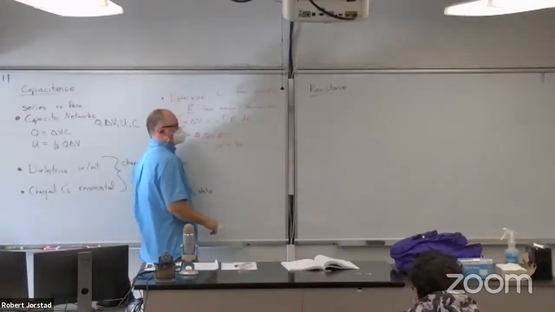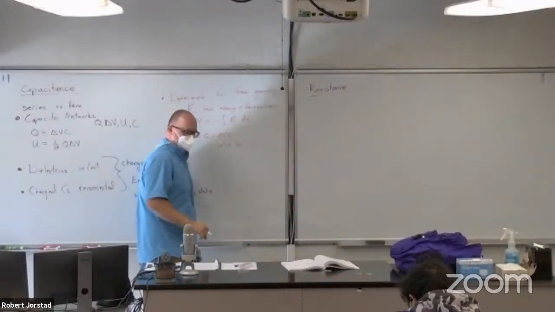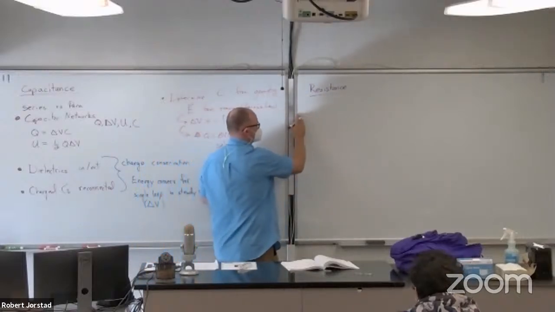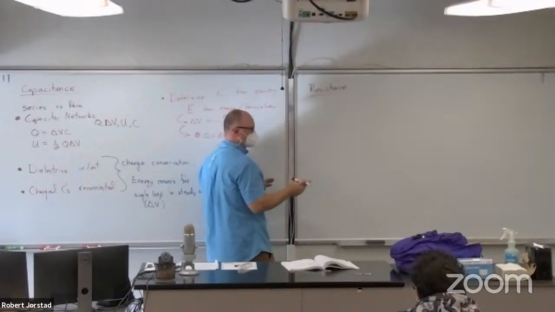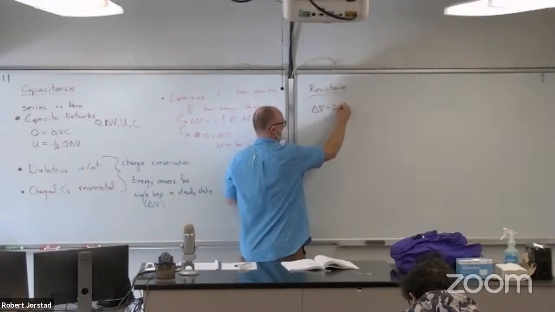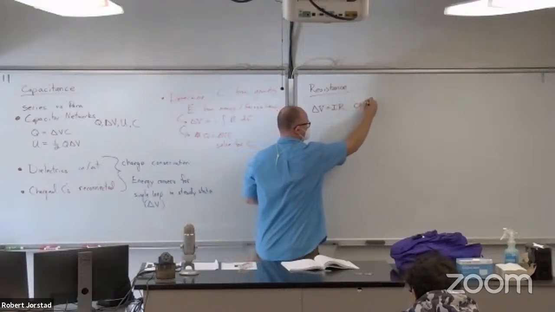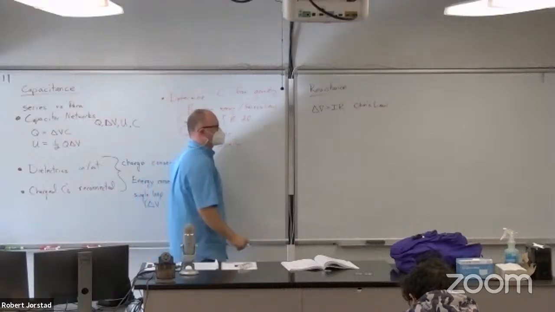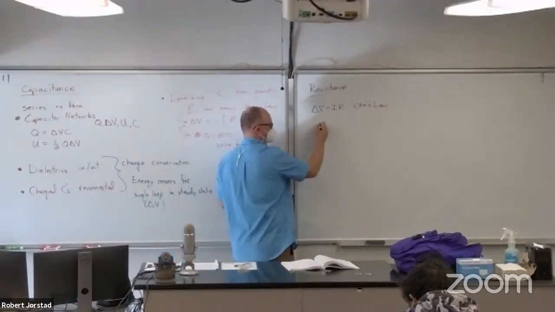All right. So what are some things we learned last time about resistance? Remind me. Any equations? Yeah. So we're going to have delta V equals IR. That was Ohm's law. There was another equation that went with that. Oh, true.